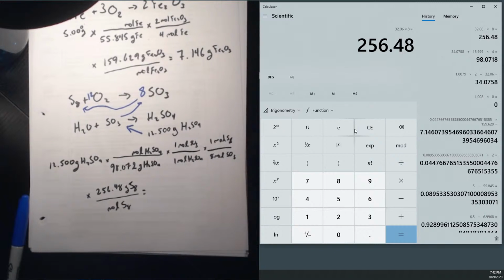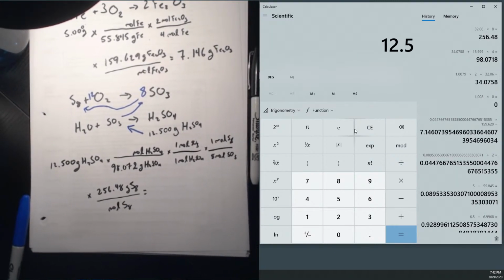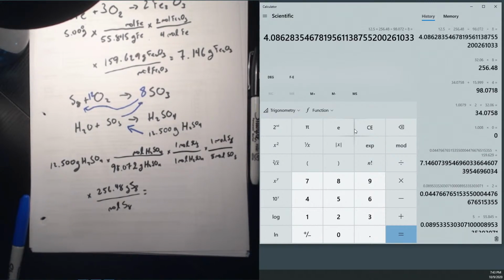All right. So now we can plug all that into the calculator. 12.5. Oops. Really? That seems strange.